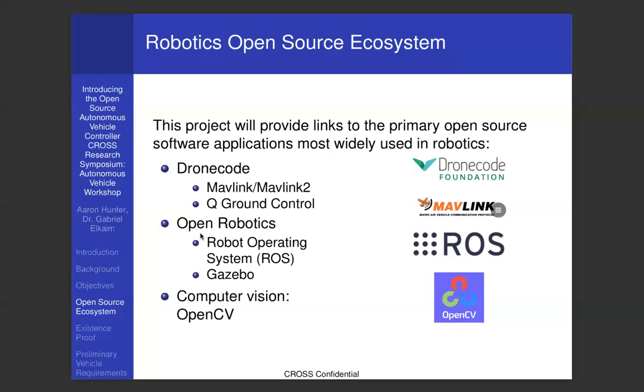Additionally, Open Robotics has a very widely used and very capable simulator known as Gazebo, and we will be using that during the development phase. And finally, of course, any kind of computer vision these days is done using open source software, primarily OpenCV. So to the extent that we implement computer vision on our system, it will be on a computer running OpenCV.